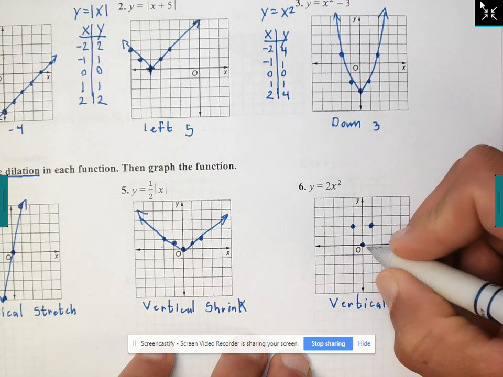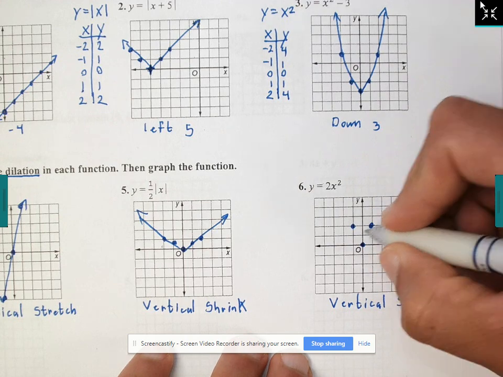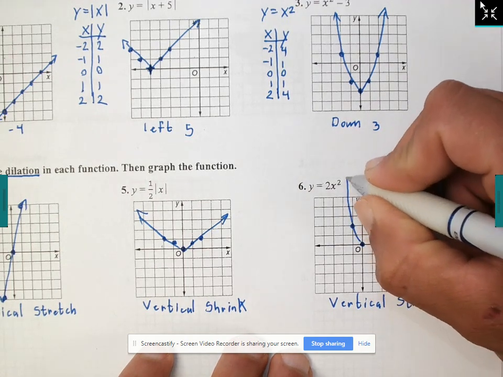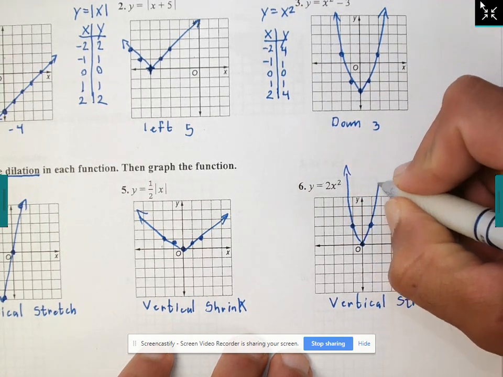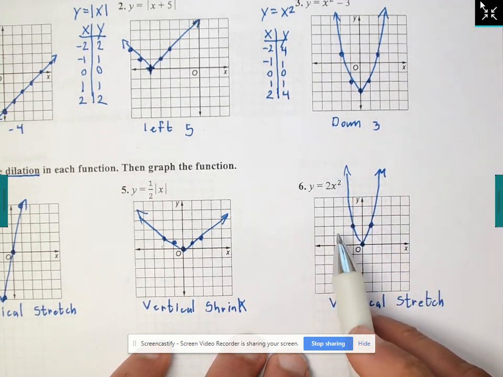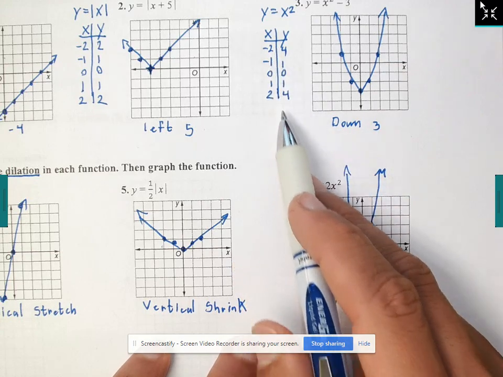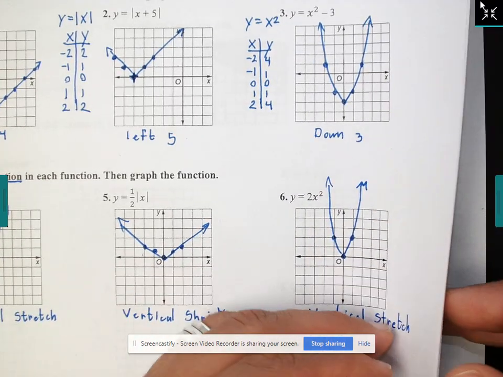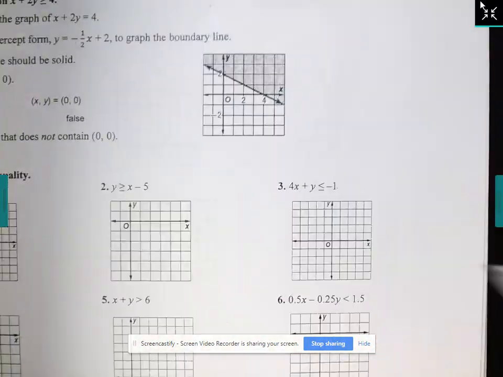Let's see, the next one should be 2, 4, so it's going to be 2, 8. 2, 8 is going to be off the graph. So can't really graph too many points on this one. Again, I'm using this table, and I just multiply all the y coordinates times 2. So again, make sure to watch the previous section if you have more questions on that.